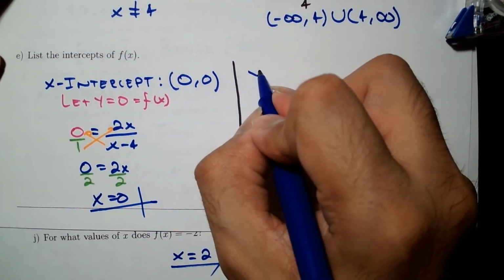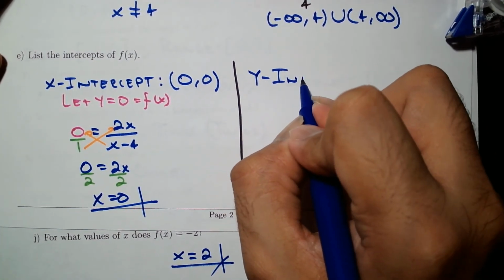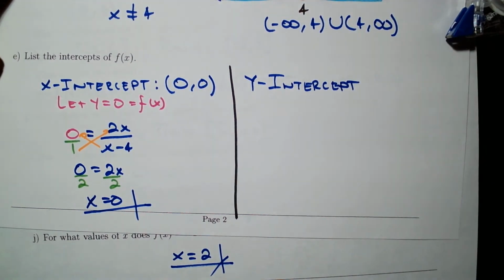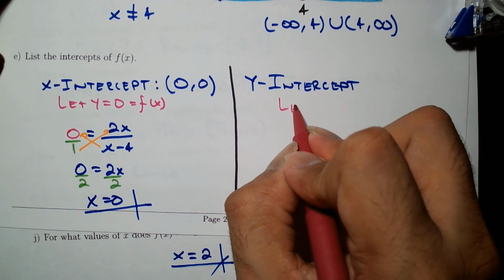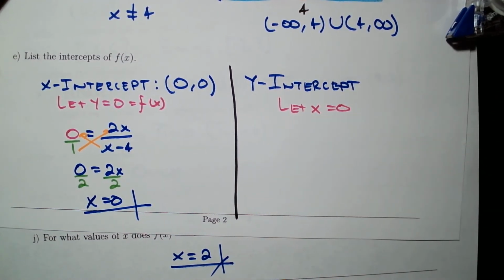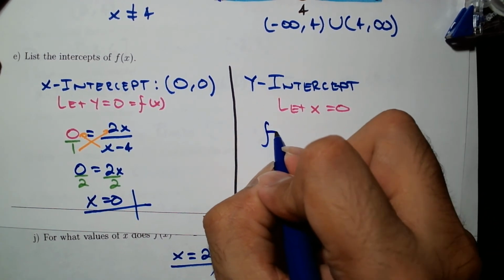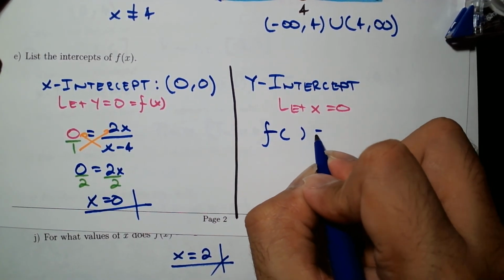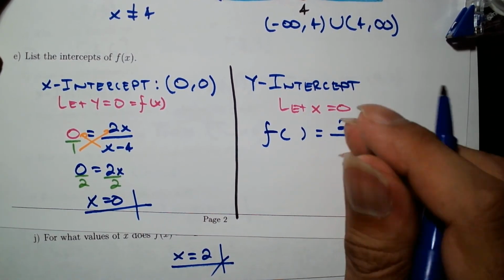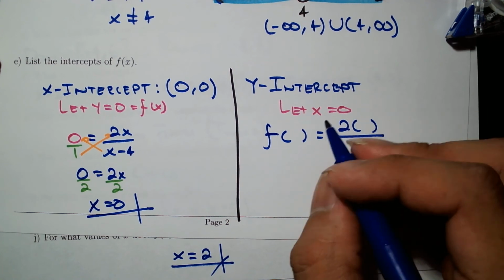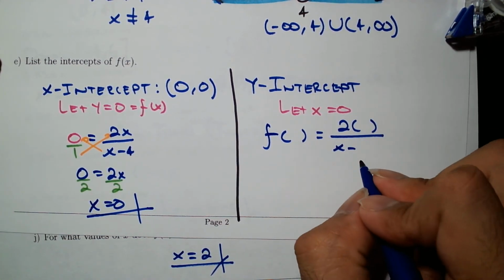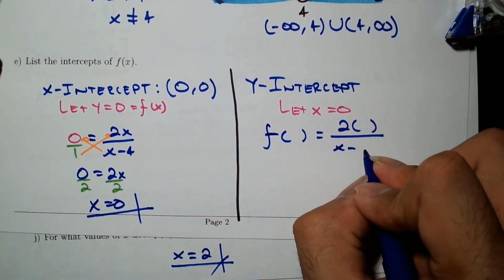The Y-intercept, on the other hand, for that, let x equal 0 and simplify. In other words, let's do f of 0. Wherever we see the x, we replace it with 0. And I don't know why I keep writing a 4.